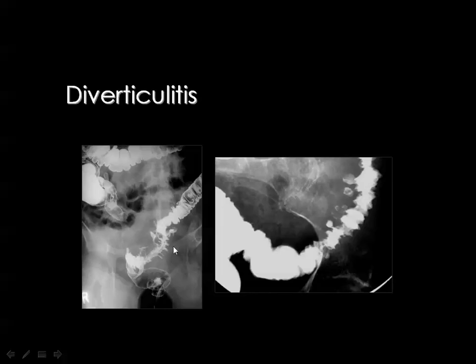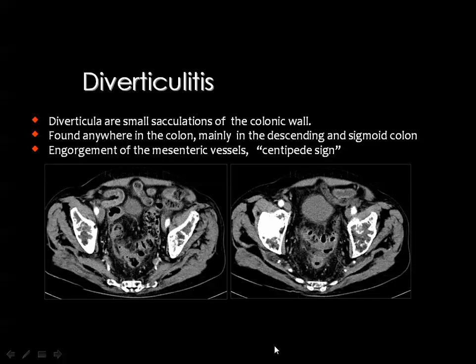Then you can see here this very spastic area with some associated diverticula in the colon, which will help you to diagnose the diverticulitis, especially in the acute presentation of the patient. This may be mistaken for malignancy, but the presence of diverticula and the acute presentation of the patient will help to differentiate both conditions.